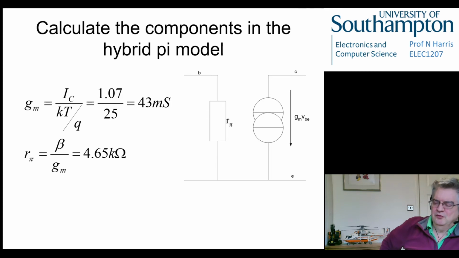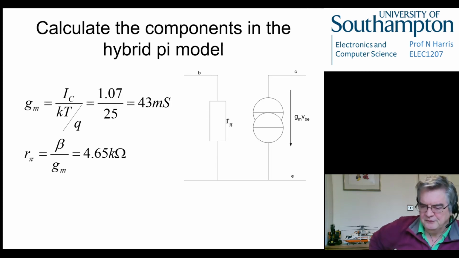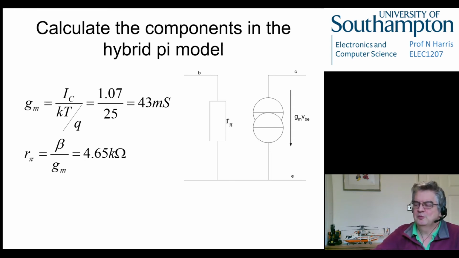So we've got our bias conditions, our static conditions, and we now need our AC conditions. We now revert to our AC model, which we spent some time developing, which is this. So this is our model of a transistor, just here for information. We know we've got R pi and we've got GM VBE, and we know that GM is defined by this equation, and we've calculated IC, the static condition, to be 1.07 milliamps.